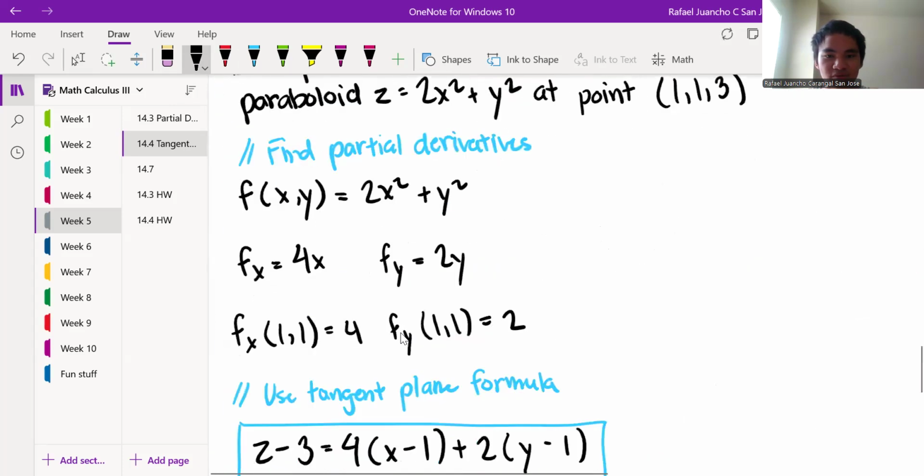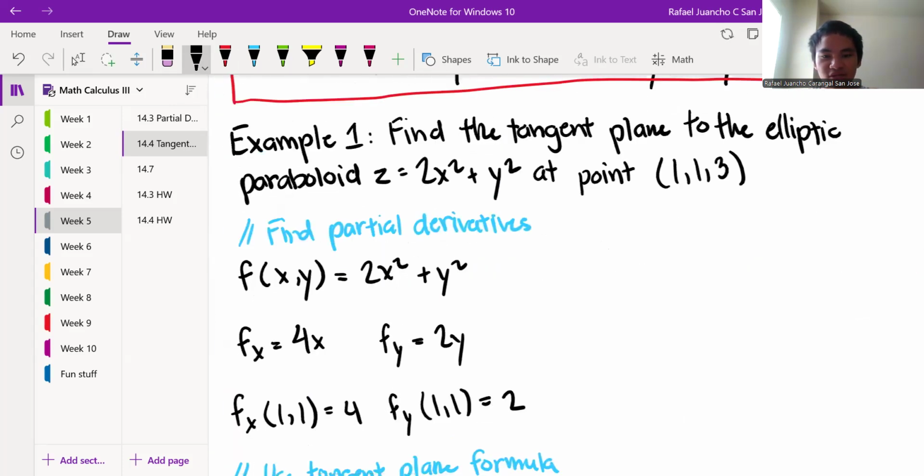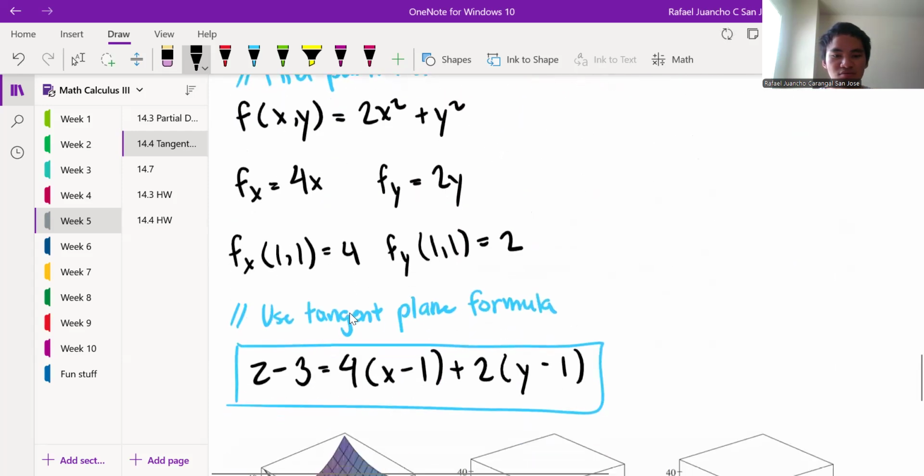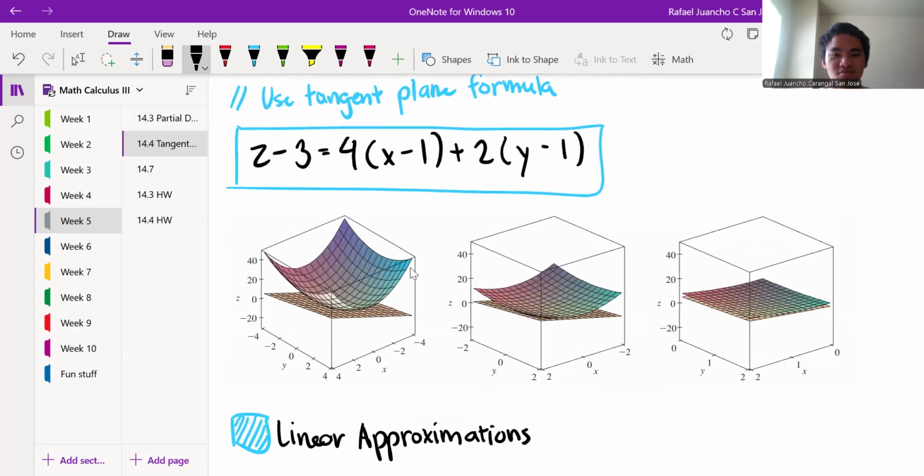We found our equation of the tangent plane given an elliptic paraboloid and a specified point. And we found it to be this thing. That's our tangent plane formula.